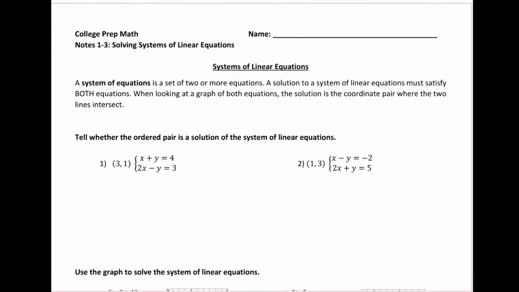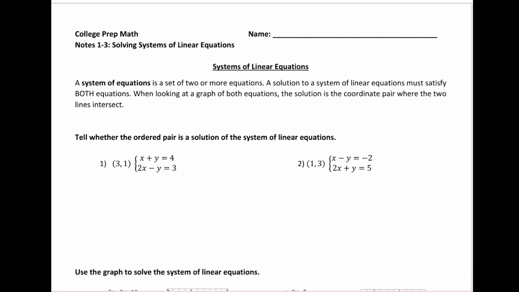Instead of having one equation with one variable that you're trying to find, where so far it's been like solve for x in this one equation, here we're going to have two separate equations along with two separate variables. Typically, there'll be x and y, and to solve it will mean to find both the x coordinate and the y coordinate that satisfy both equations simultaneously.